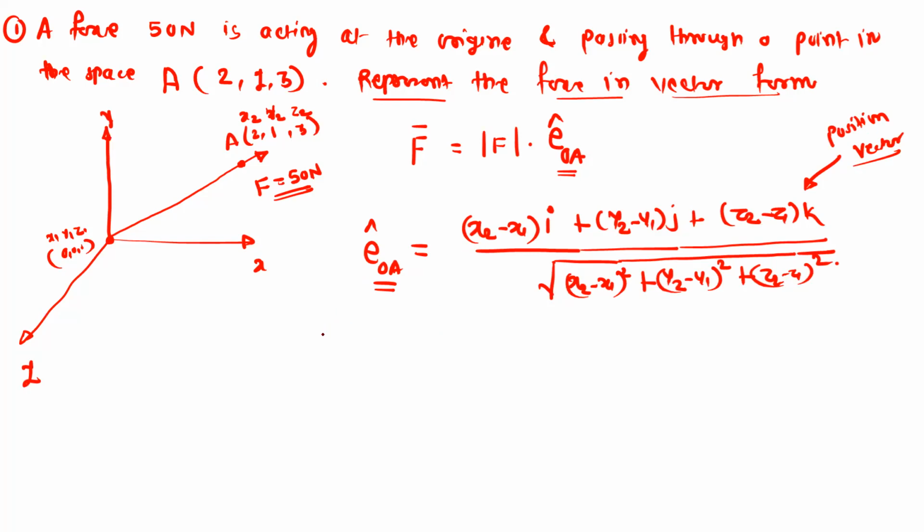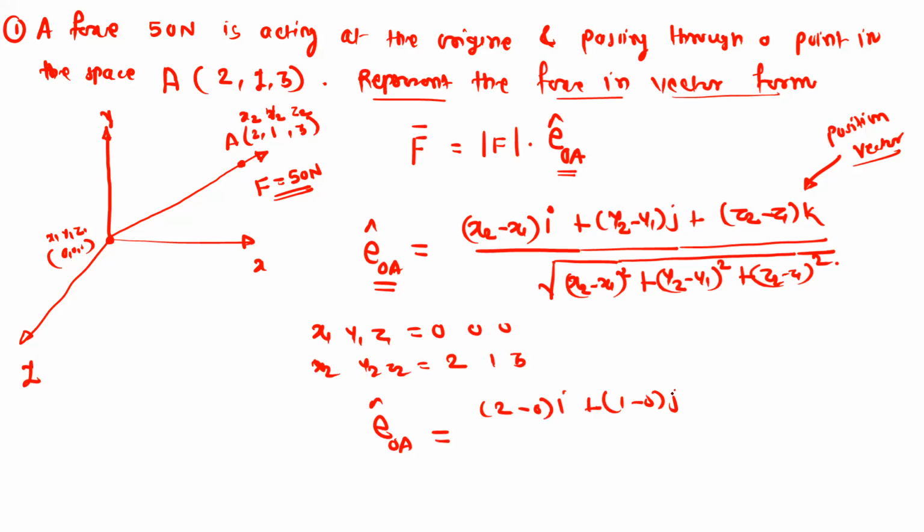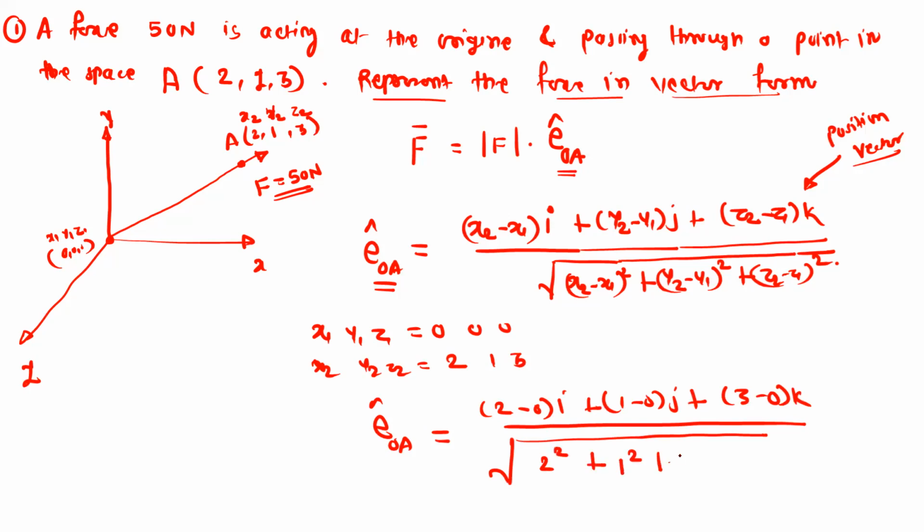Okay. So this unit vector will specify the direction of that force. So the x1, y1, z1 values are 0, 0, 0. And x2, y2, z2 are 2, 1, and 3. Okay. So you can put the values in this equation. So this is 2 minus 0 plus 1 minus 0 and 3 minus 0, divided by the modulus, which is square root of 2 square plus 1 square plus 3 square.